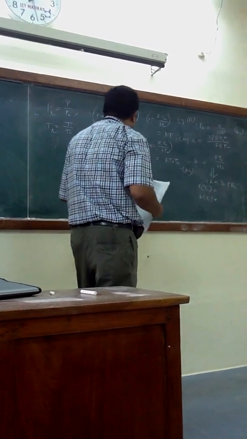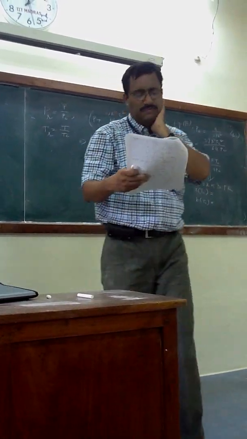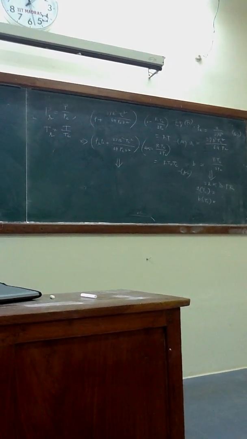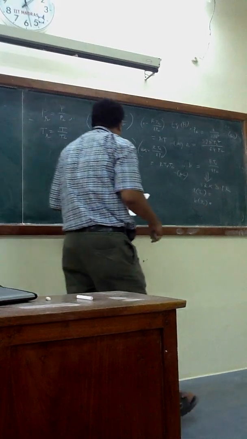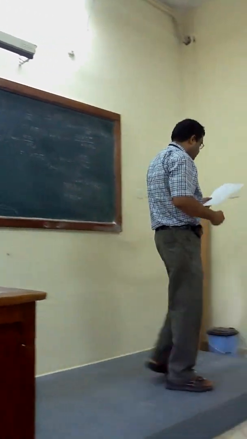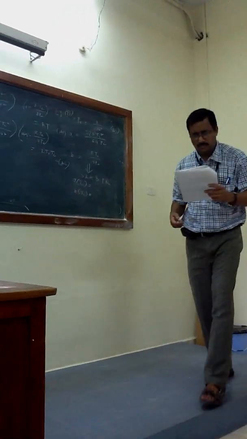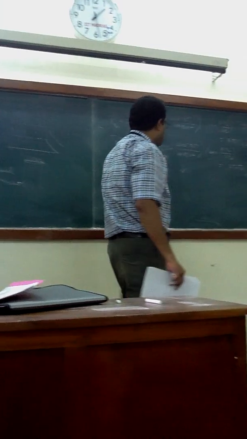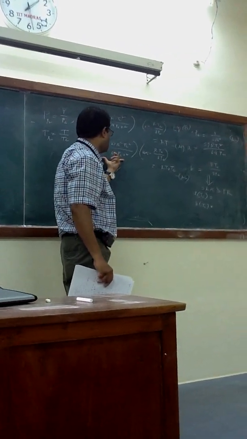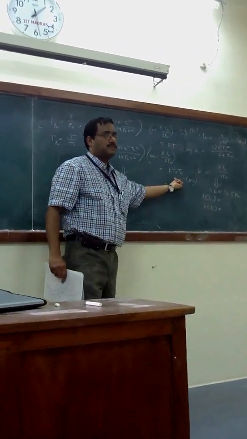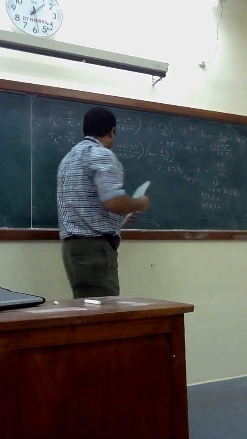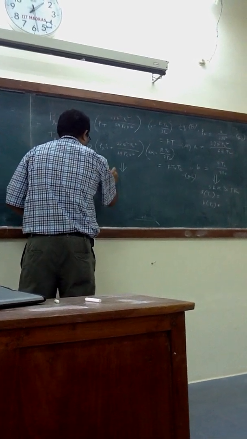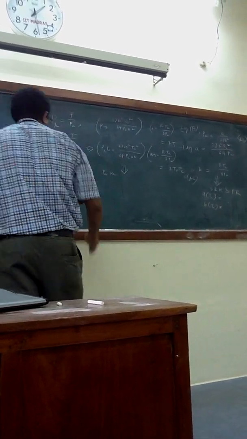Divide by Pc Vc both sides of the equation. If I divide by Pc Vc, what will actually happen?